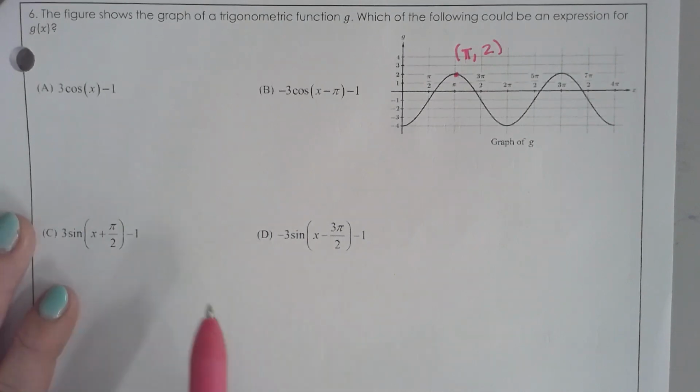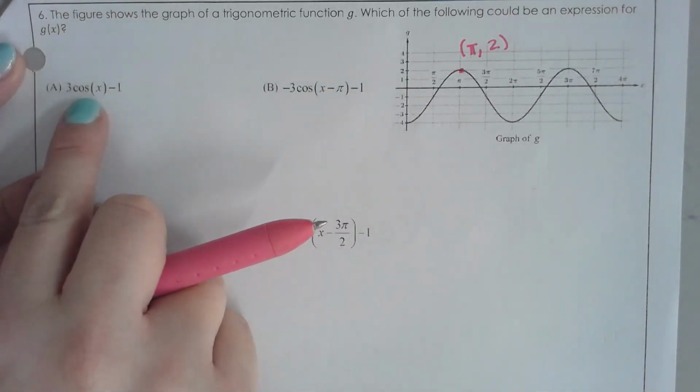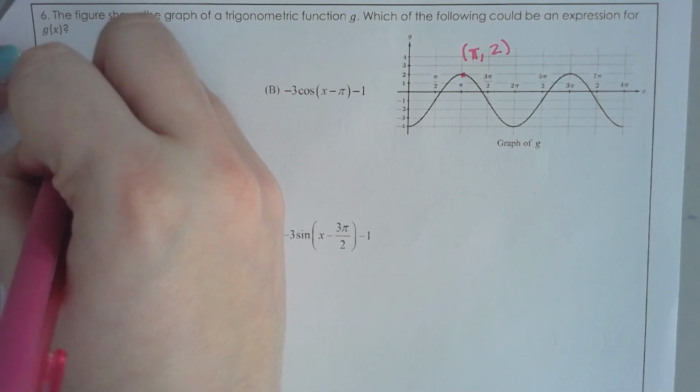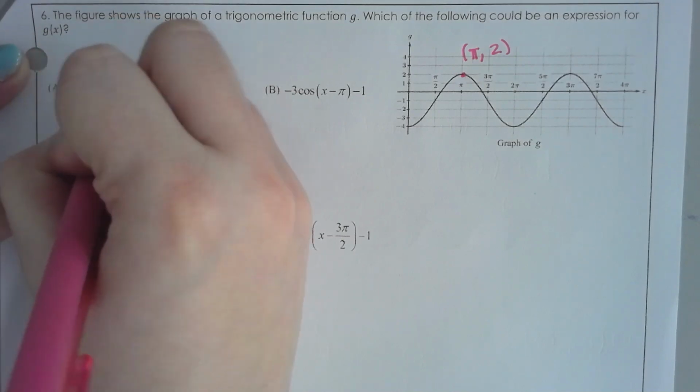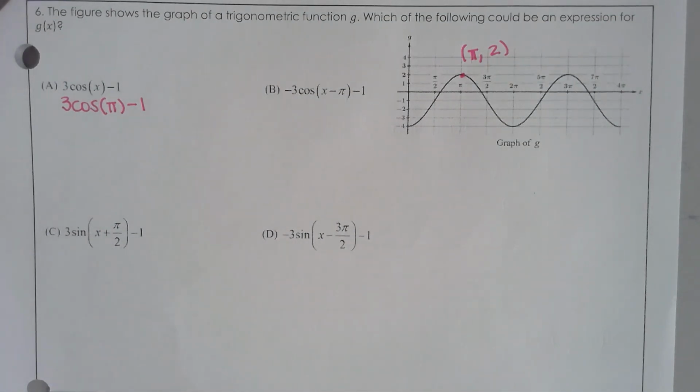Okay. So if I plug in pi right here, that's going to be 3 cosine of pi minus 1. And here's where you're going to need your unit circle to know what cosine of pi is.